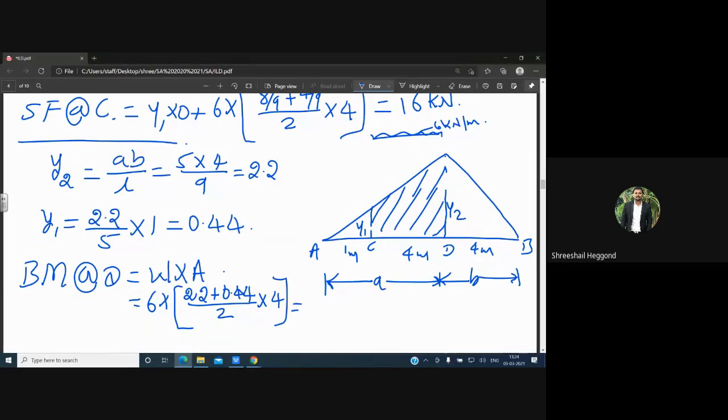Therefore, bending moment at D point can be calculated as how much? 31.68. 31.68. What about others?